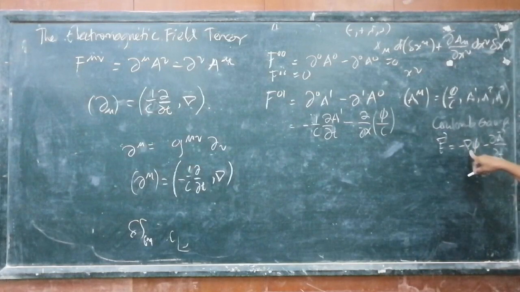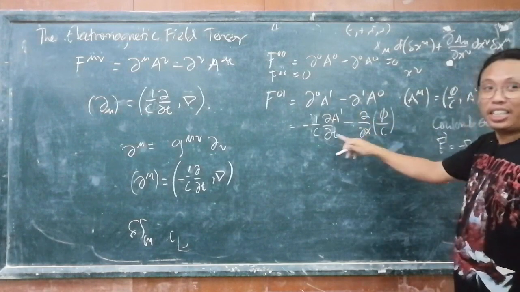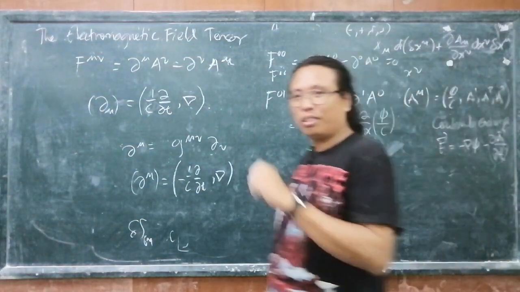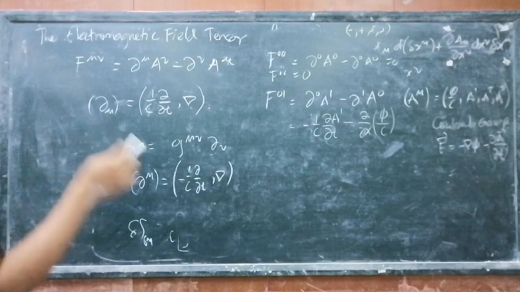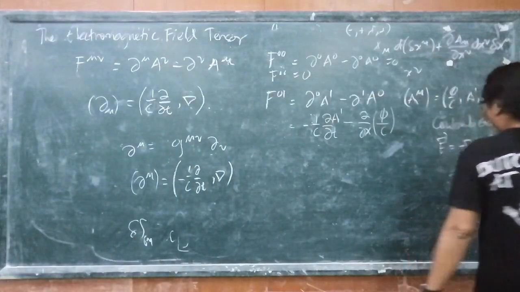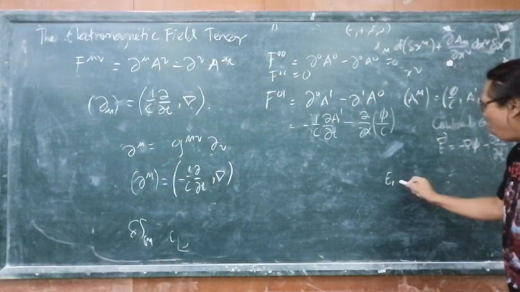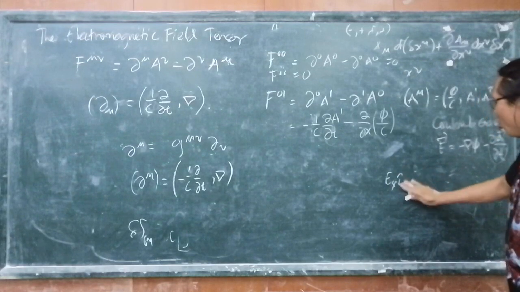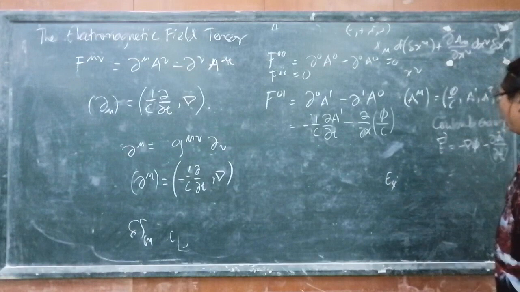It can be partial phi x, i hat, j hat, and what you get is this one here. You compare it here. You have E1, EX.